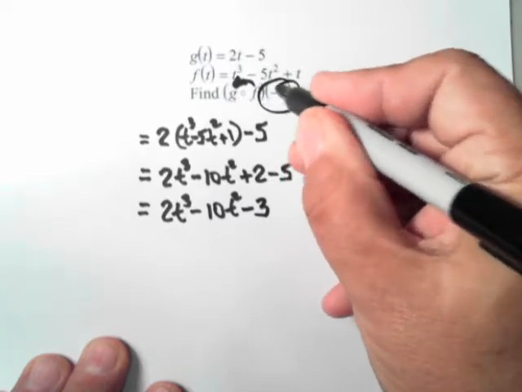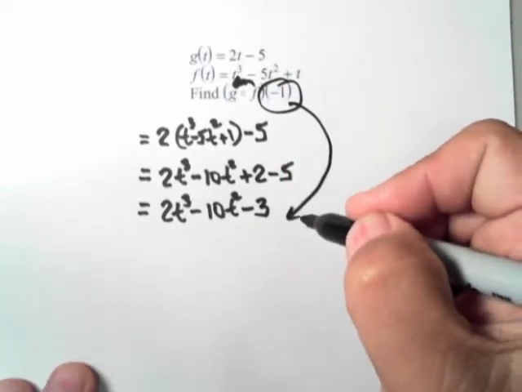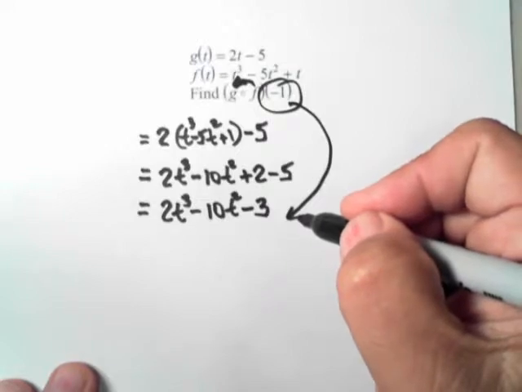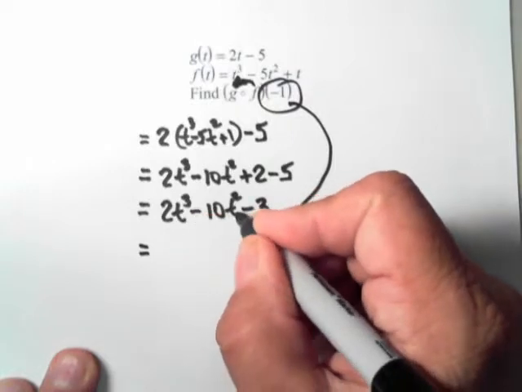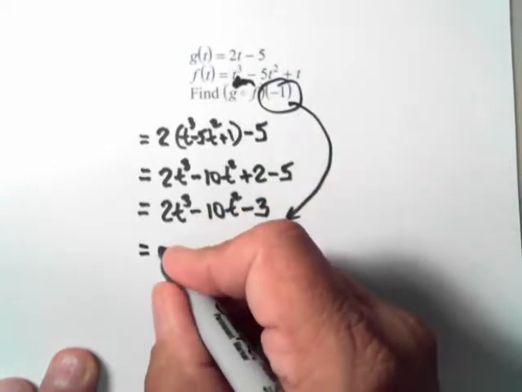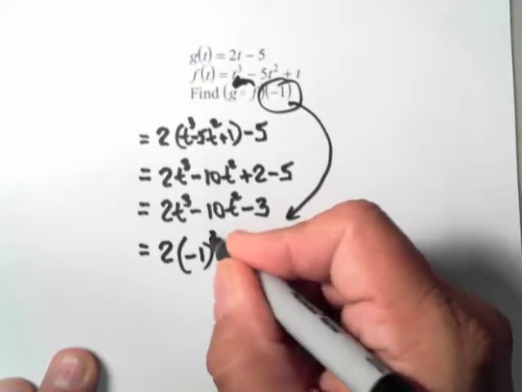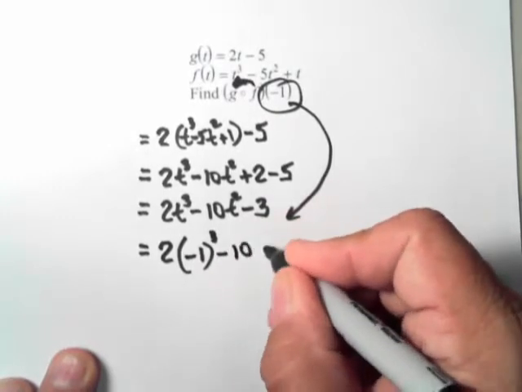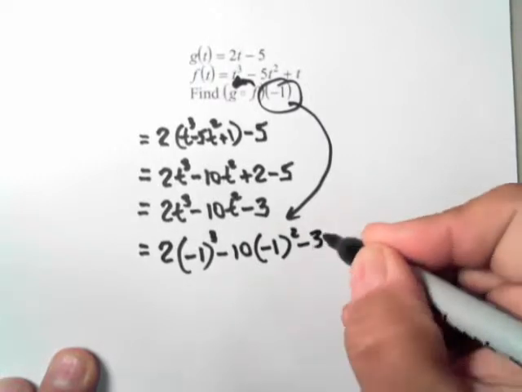Okay, now let's remind ourselves that what we want to do is not find it for the variable t, but find it for -1. So all the variables we're going to replace with -1. So 2 times -1 cubed minus 10 times -1 squared minus 3.